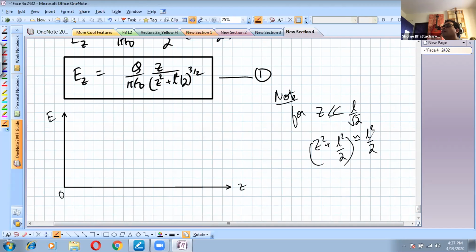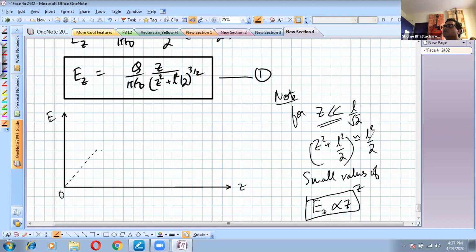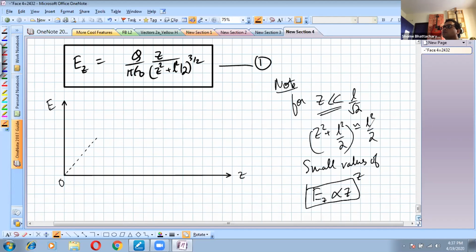So for small values of z, or z tending to 0 basically, Ez is becoming directly proportional to z. So the z square in the denominator is neglected. That means at the beginning of the graph, it should behave like a straight line proportional to z. It should be something like this. Now the initial behavior of the graph should be like a straight line like this, proportional to z.